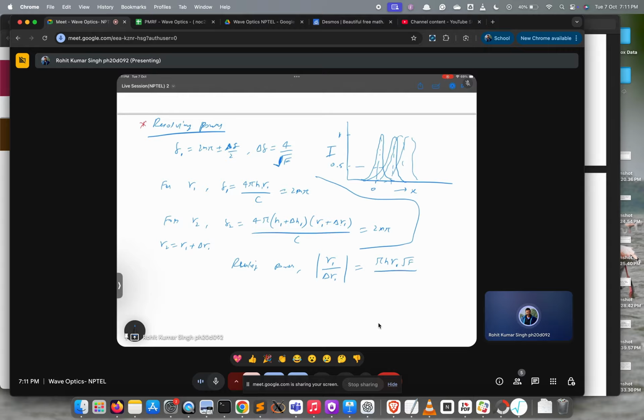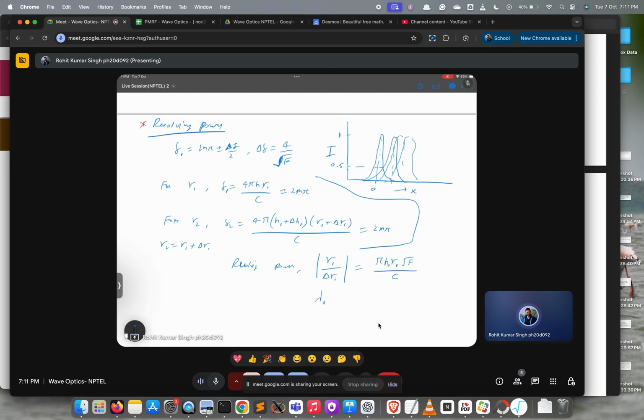The result depends on h naught, the distance between the two plates, the frequency of the first light, the coefficient of finesse f, and the speed of light.